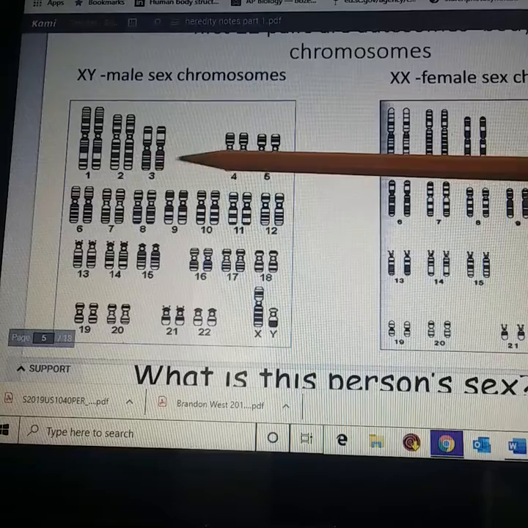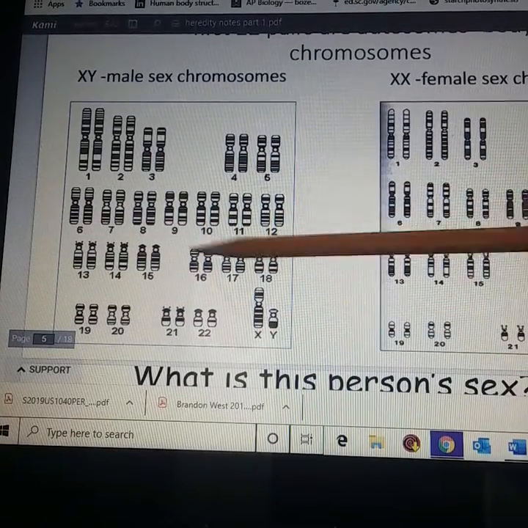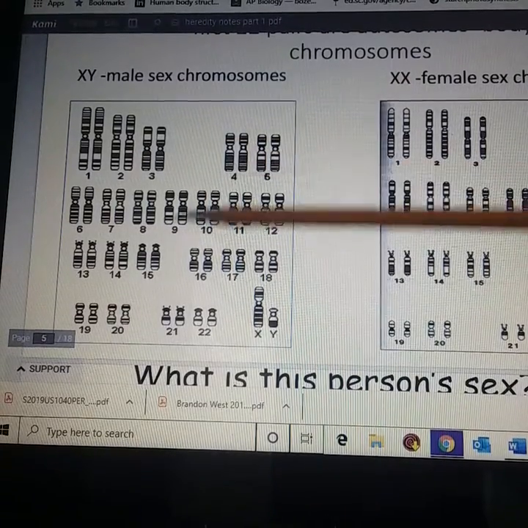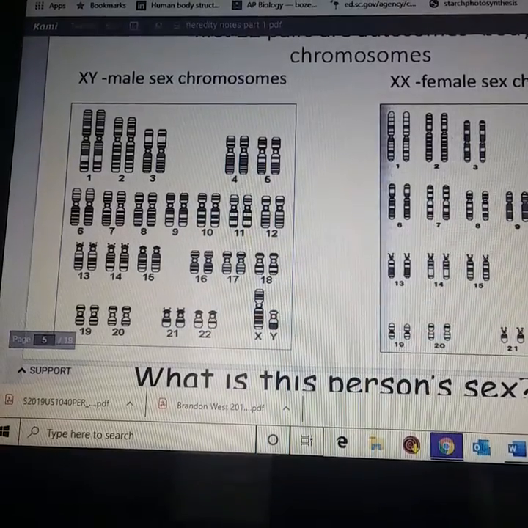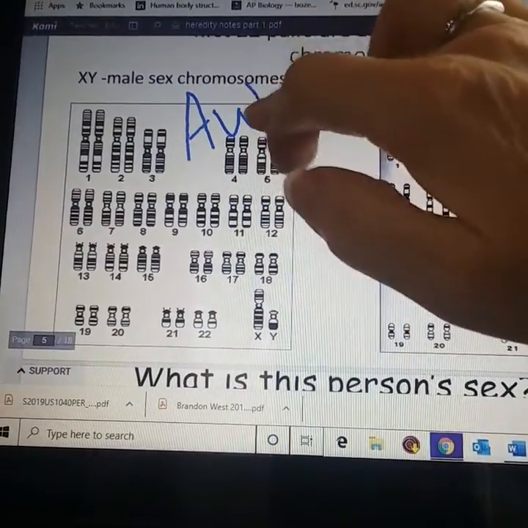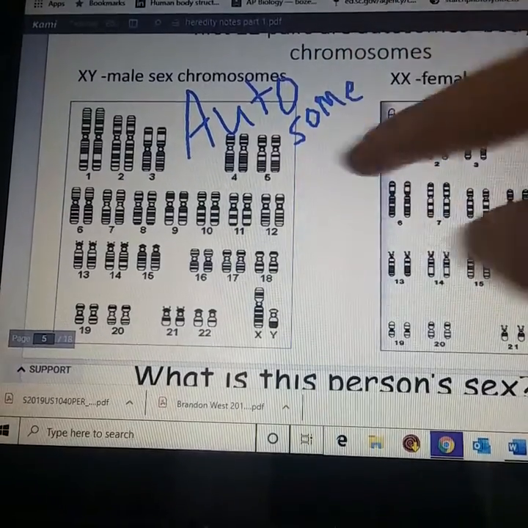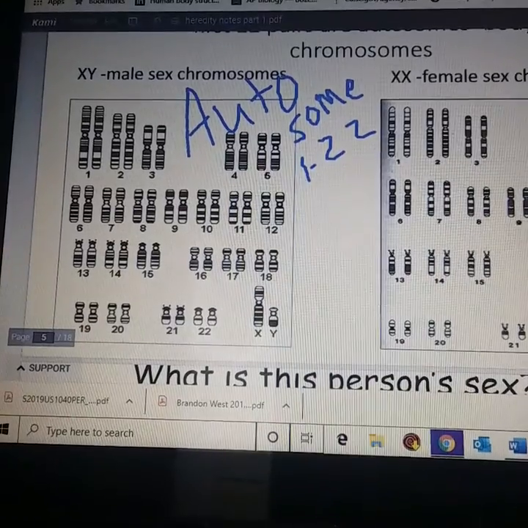So these pairs, 1, 2, 3, 4, all the way down to number 22, they affect parts of your body characteristics. So they're your body chromosomes. We would call those autosomes. So there's a crazy word, auto, like automatic, for chromosomes. So autosomes are pair 1 through 22.